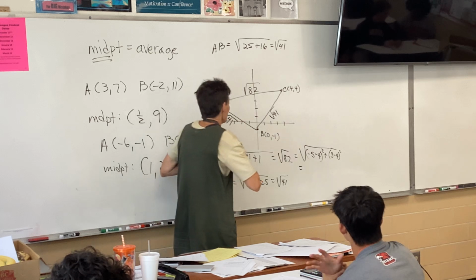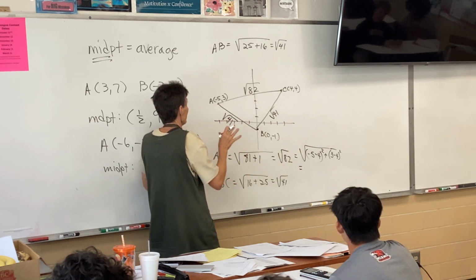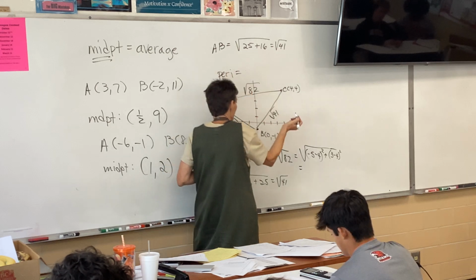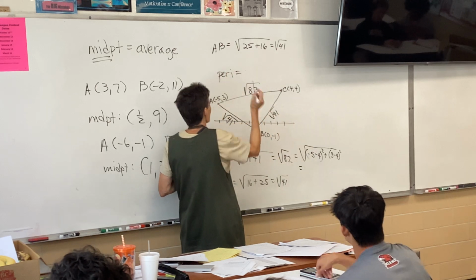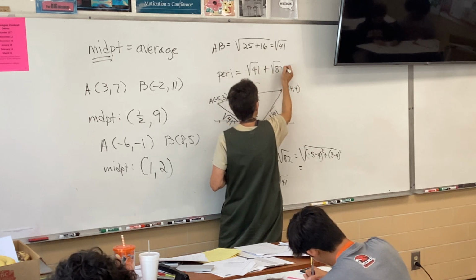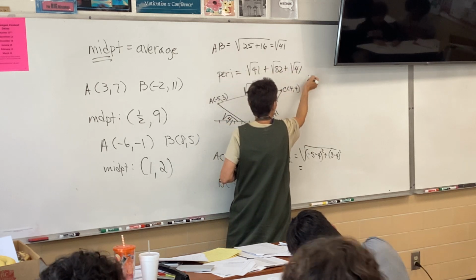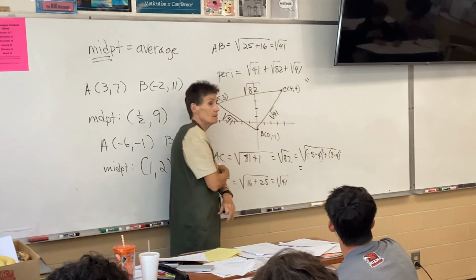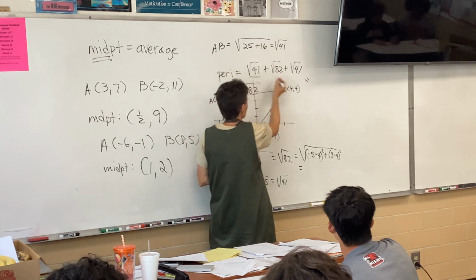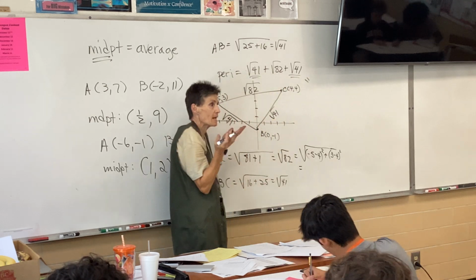All right. Now, my goal here is to find the perimeter. So for perimeter, I'm going to add all these up. I have a root 41, a root 82, and another root 41. Those do not all combine, but certainly these two can be added because they're the same.